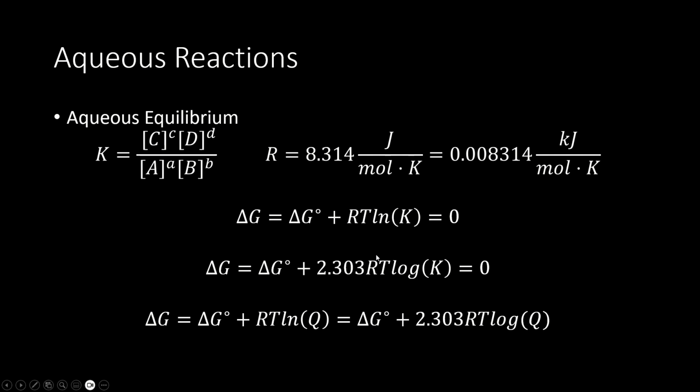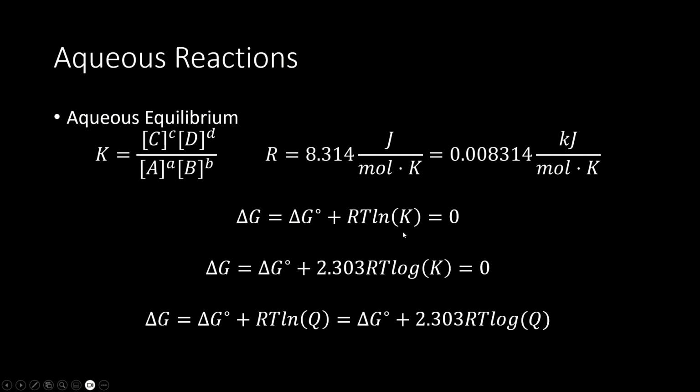Another way of using this expression is if we had delta G equaling delta G naught plus the product of 2.303 times R times T times log base 10 of our equilibrium expression. This is just if you want to use log base E or natural log or log base 10. Otherwise, these are still going to be the same expression.